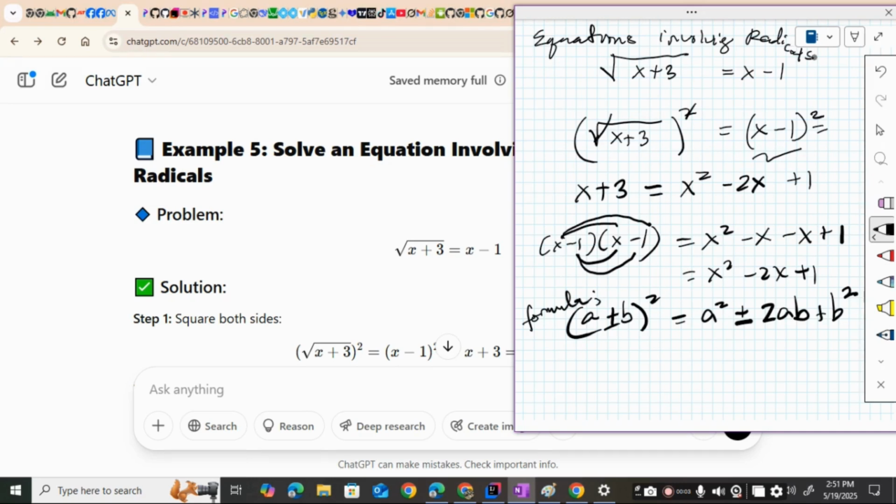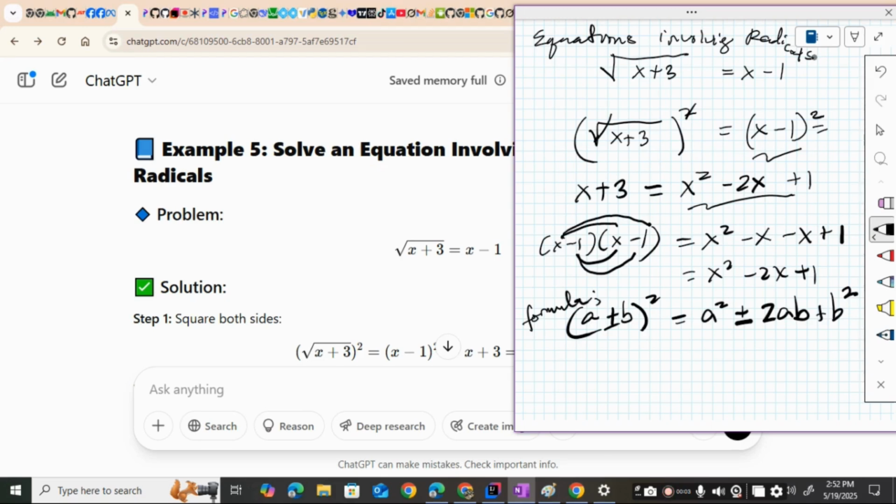So in this case our a is x, and our b is minus 1. So minus 1 times 2 gives you negative 2x, plus, the b there is 1, so 1 squared is 1. So in turn we have this expression on the right side.